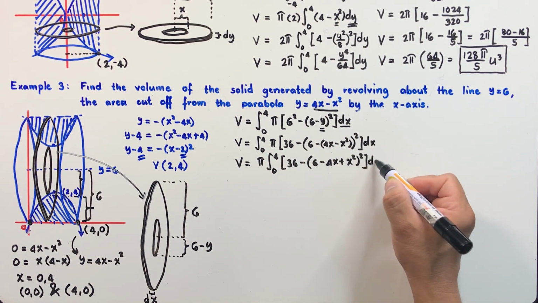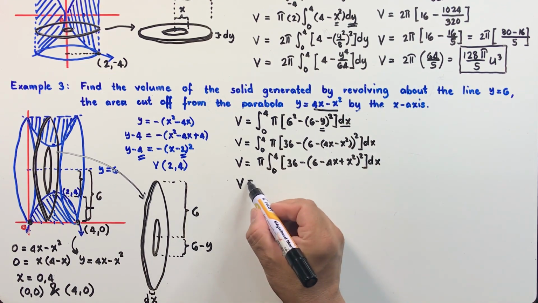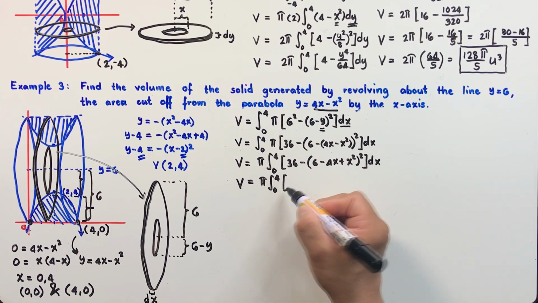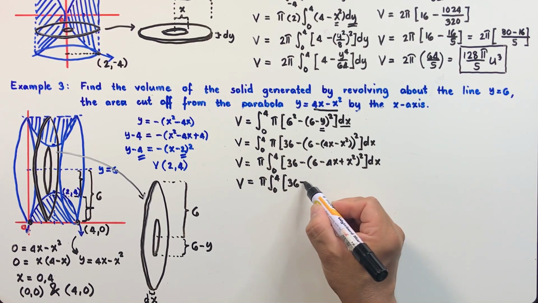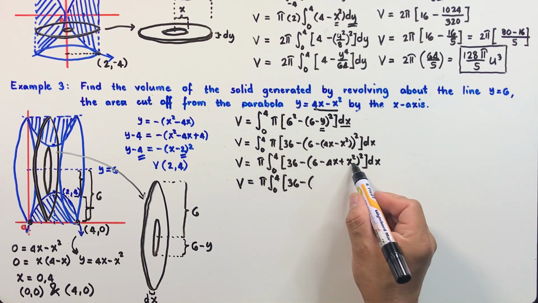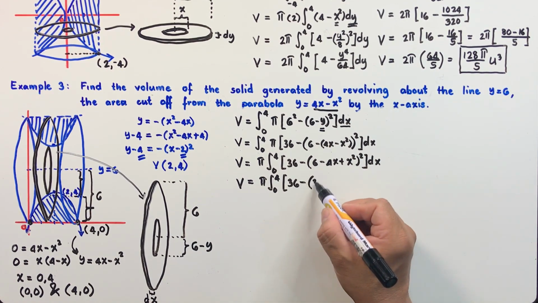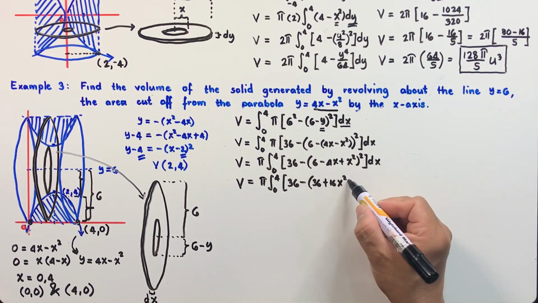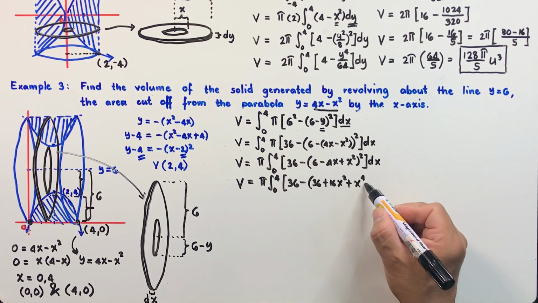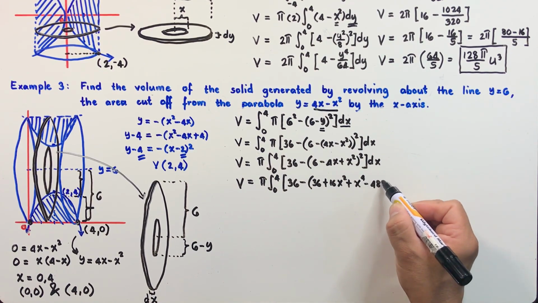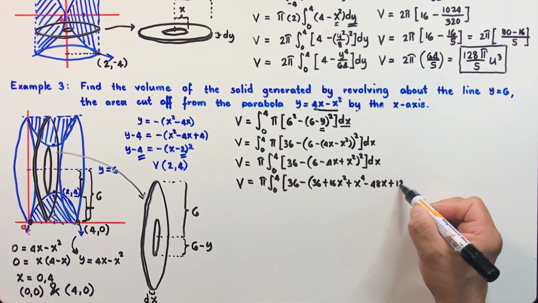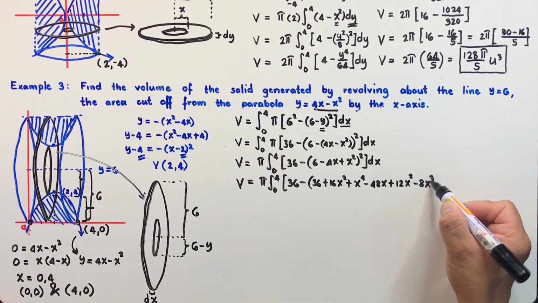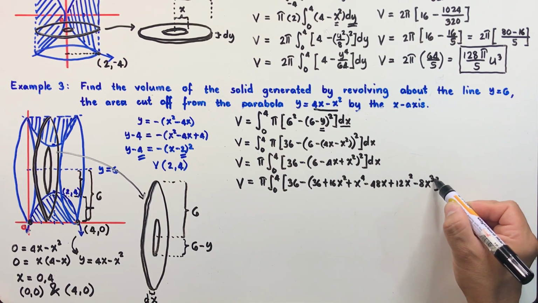And when you square that trinomial, we have pi times the integral from 0 to 4 of 36 minus the square of this trinomial, which is 36 plus 16x squared plus x to the power of 4 minus 48x plus 12x squared minus 8x cubed dx here.